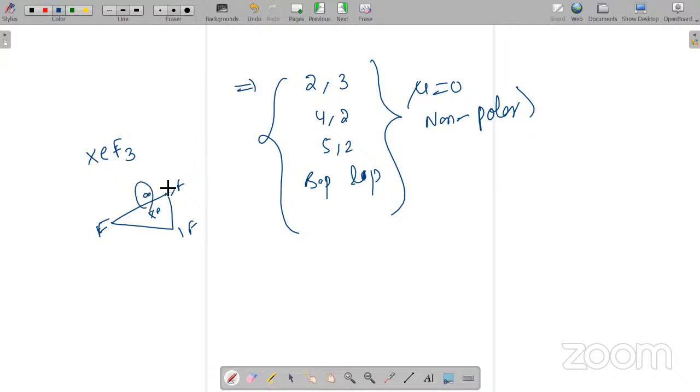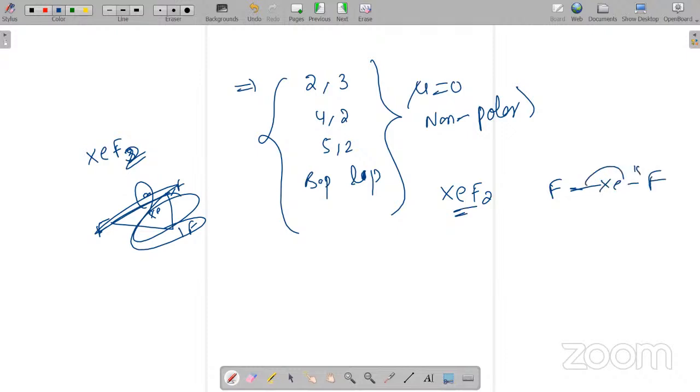If I am talking about XeF2, I'm so sorry, XeF2, that is fluorine, xenon, and fluorine. So the bond angle is 180 degrees, and the bond moments are 180 and 180.